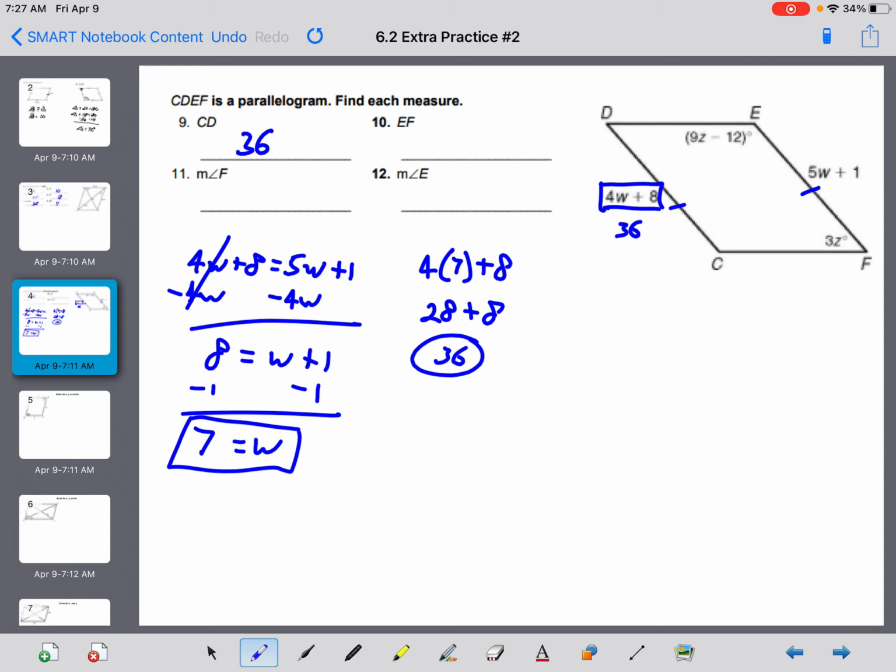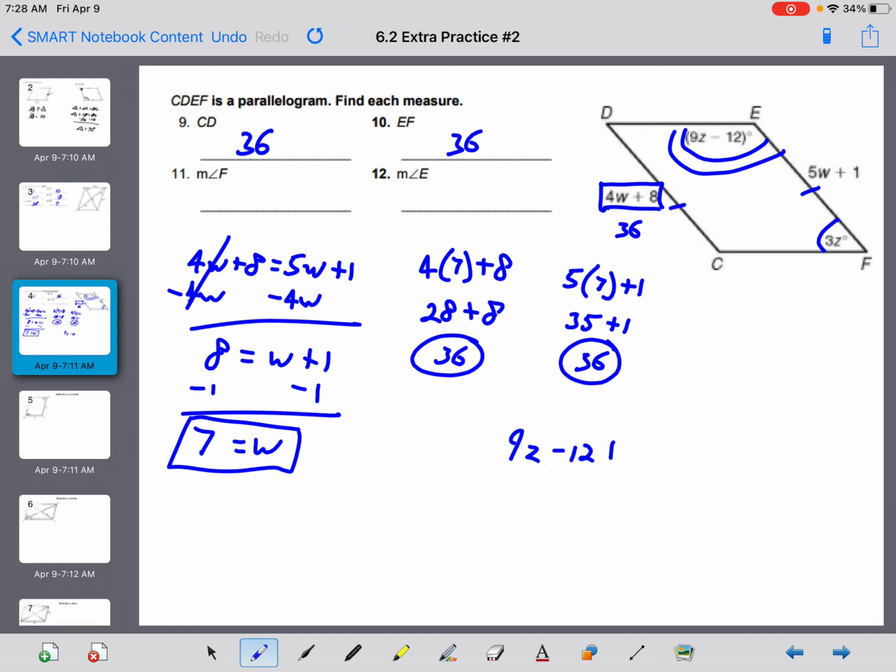Okay, which also makes EF 36, because 5 times 7 plus 1 is 35 plus 1, which is 36. Now the measure of angle F here and here are consecutive angles. So let's solve for those. 9z minus 12 plus 3z equals 180.